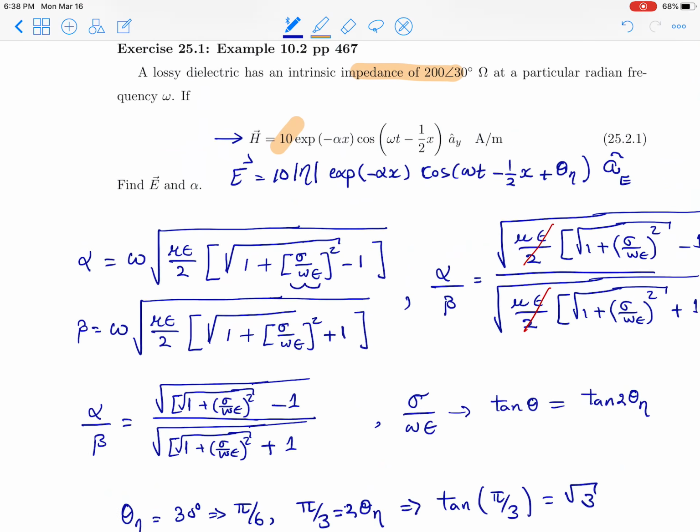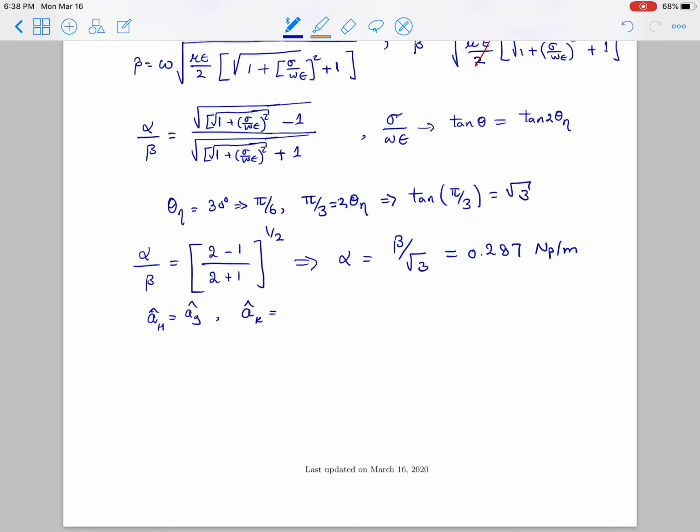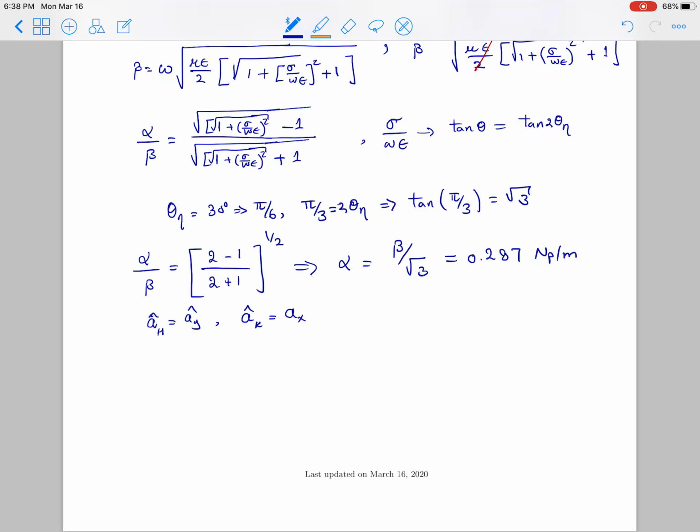The wave is propagating along the positive ax here. Therefore, using the following equation, which we showed in the previous class, aE should be negative az.